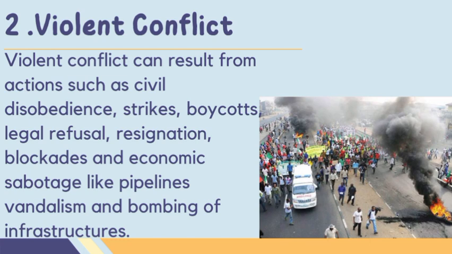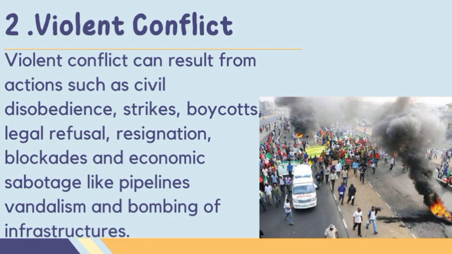Then blockade of roads. This also occurs in Nigeria, whereby you see citizens blocking roads and preventing motorists and cyclists from passing. Then legal refusal. You notice that some people refuse legal actions. Maybe a court gave an order that certain things should be done, and they refuse the court order. So all these are examples of violent conflict.